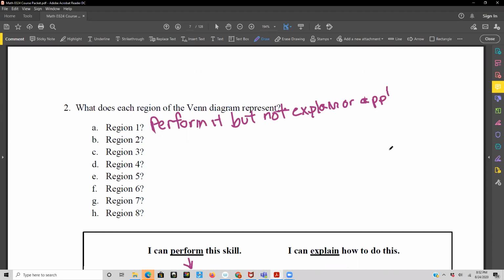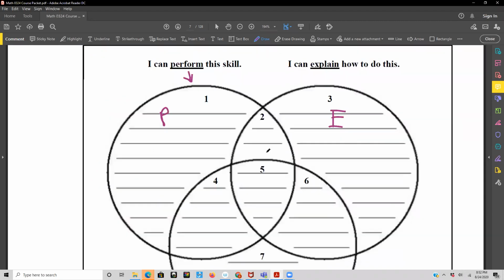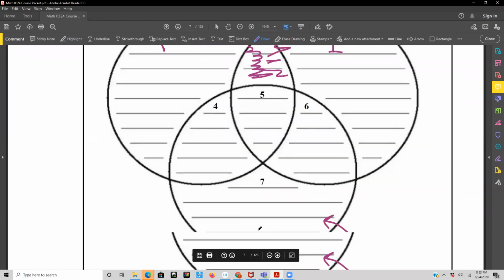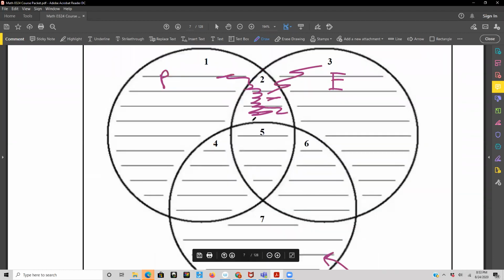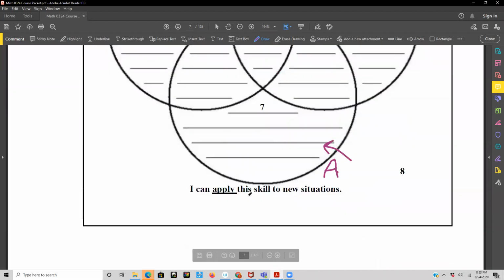Okay, region 2. If I look at that, that's the overlap between P and E, but it doesn't have apply. So I can perform it and I can explain it, but I can't apply it.